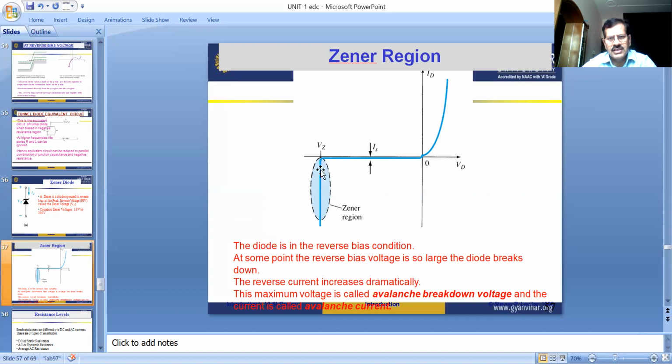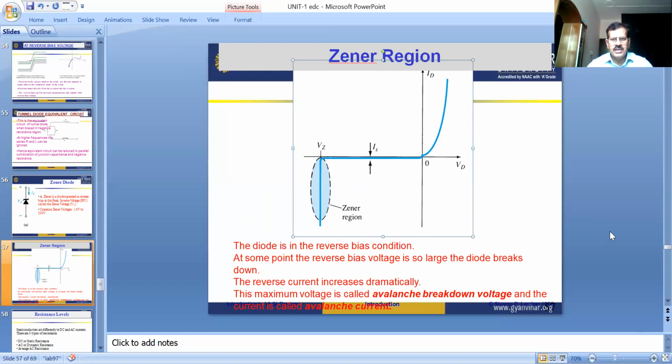In that case, the Zener current rapidly increases by increasing the voltage, and a breakdown condition occurs in the Zener diode. This region is the operating region of the Zener diode. That is the third quadrant of this graph.